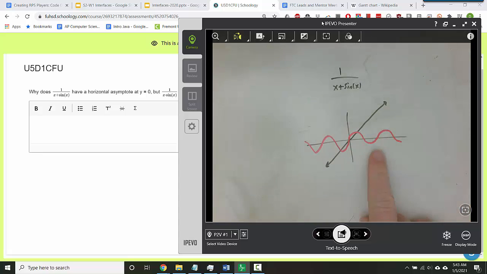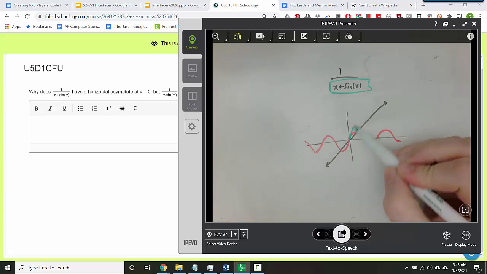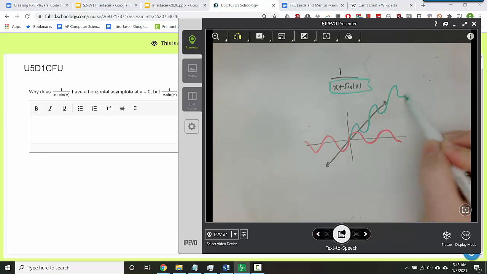And I'm adding the red height to the black height here. So this function, if you were going to sketch it, should look something like this. It's going to have x, but then you're either adding a number whose biggest value could be 1, or subtracting a number whose biggest value could be 1.